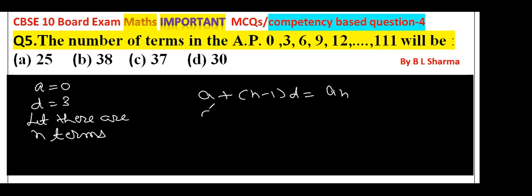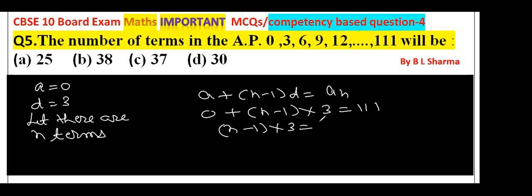In place of a, you put 0. In place of d, you put 3. And in place of the nth term, that is 111. So n minus 1 into 3 is equal to 111. n minus 1 is 111 upon 3.